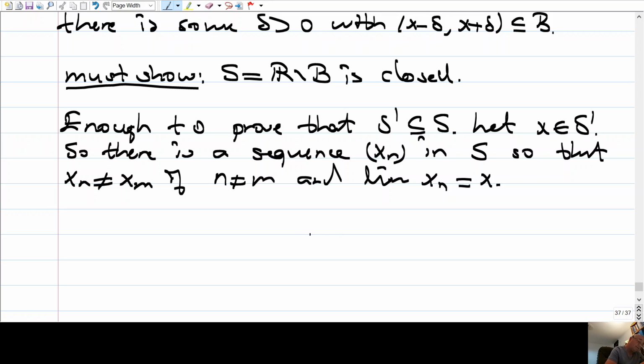So we have something like this. Here is x, and we have a sequence converging to this set.